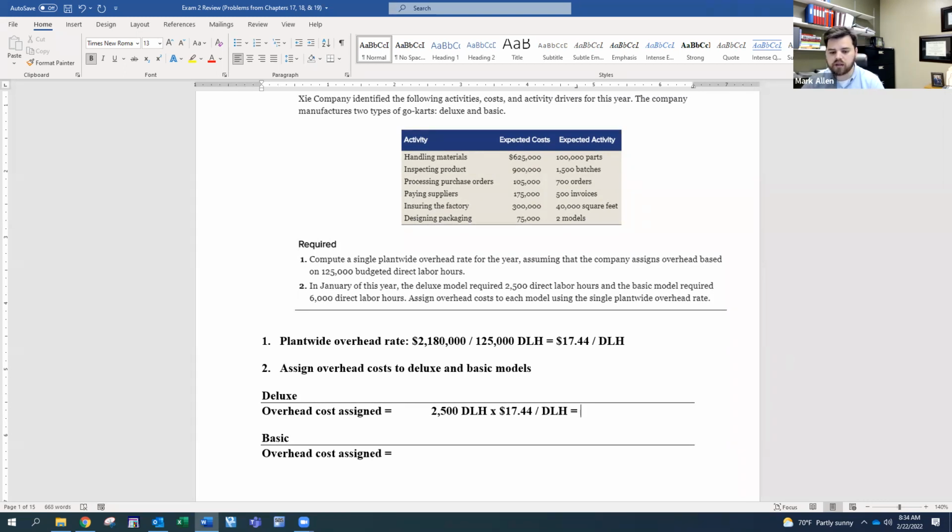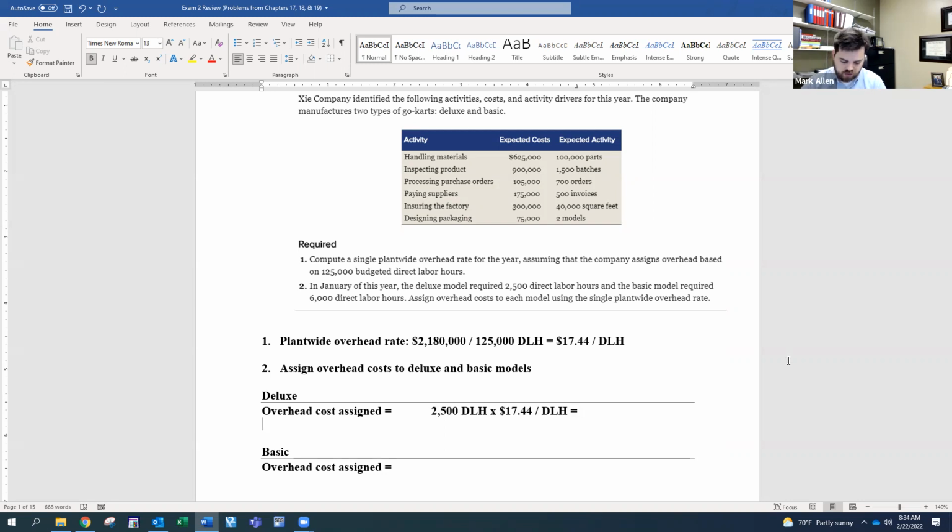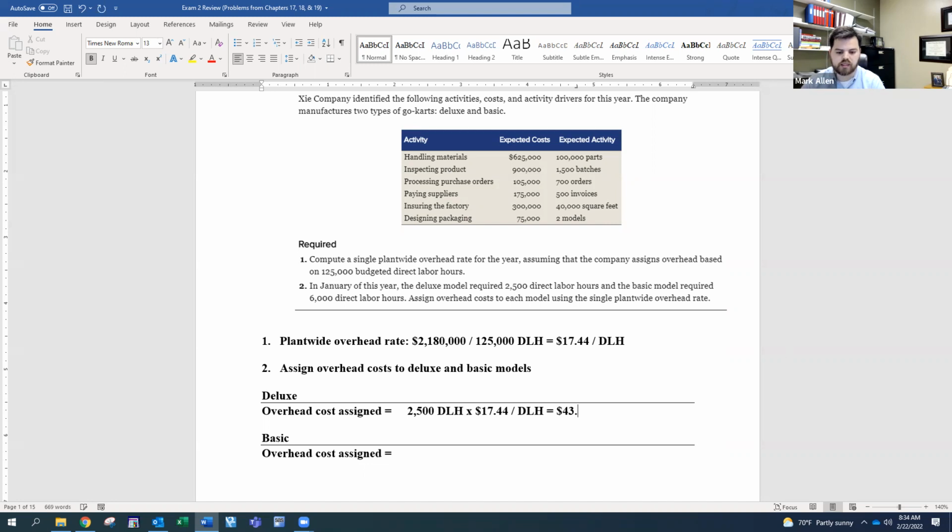That will cancel out the direct labor hours, leaving us with dollars, and in this case we'll be left with $43,600. On the other hand, for the basic model, this one required 6,000 direct labor hours times still the $17.44 per direct labor hour. Of course, canceling out the direct labor hours, that will give us $104,640. Now, that's the end of this question.